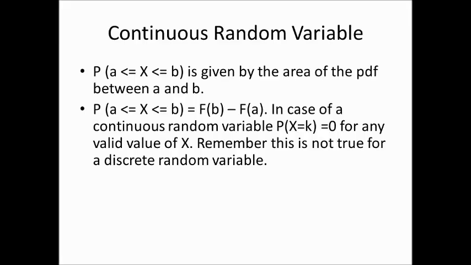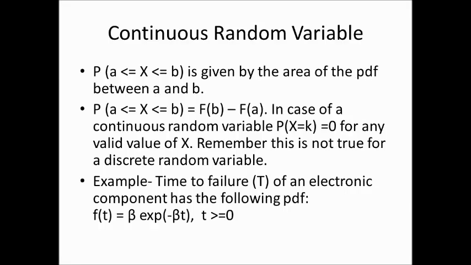Now remember, this is not true for a discrete random variable. A discrete random variable may have a probability attached to that particular value. So for a continuous random variable, the probability for a specific value is always equal to 0, but it's not true for a discrete random variable.